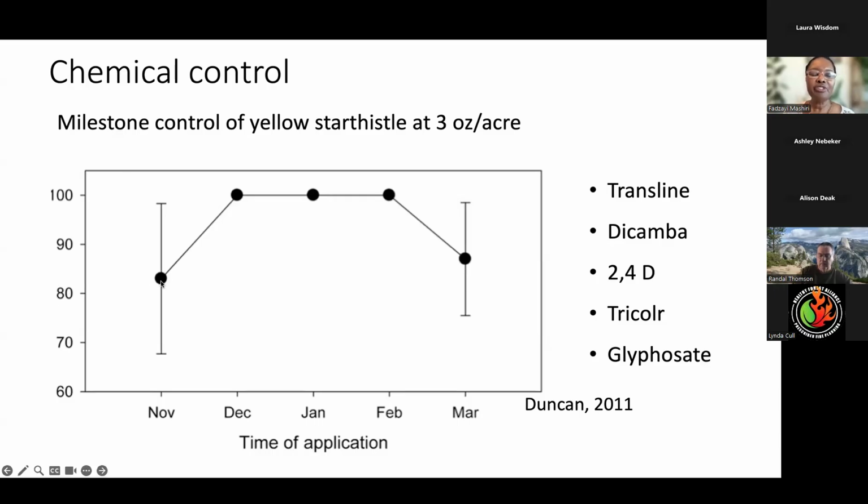In November, the effectiveness was not great because the plant was still young and it still managed to come back. And control improved between December, January, and February, and then started declining again in March.